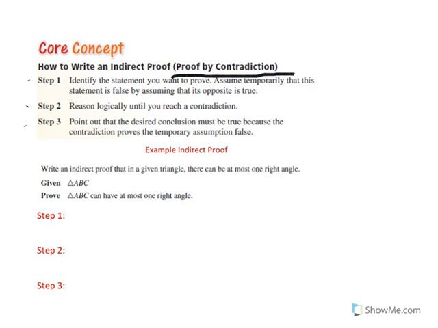It says right here, write an indirect proof that in a given triangle there can be at most one right angle. Here is our given: we have triangle ABC, and we need to prove that triangle ABC can have at most just one right angle.